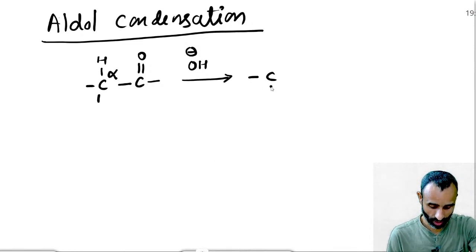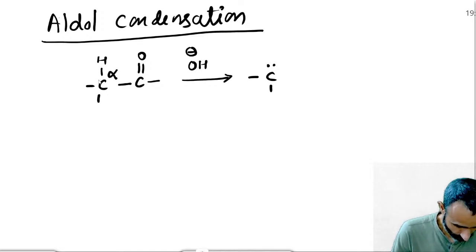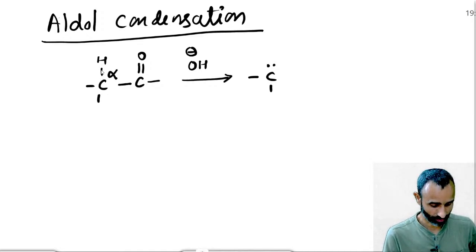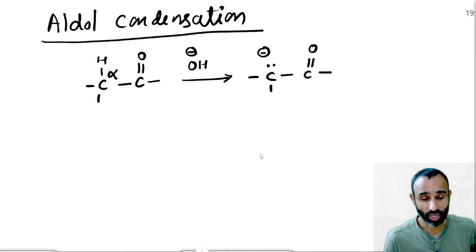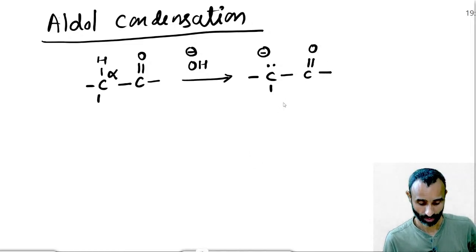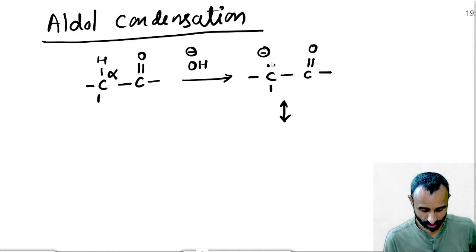So this alpha hydrogen is removed as H plus, and we get this ion, but this ion is resonance stabilized.